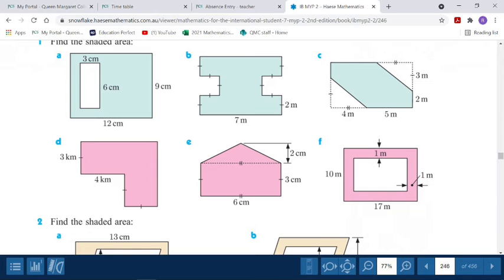Well, how would I cut it up? Well, look what happens if you do that. We just turned it into a what?